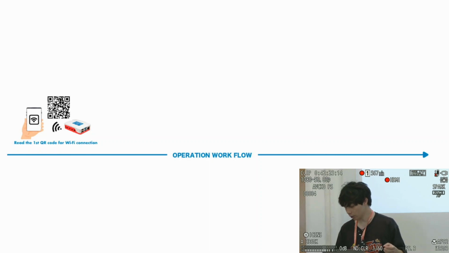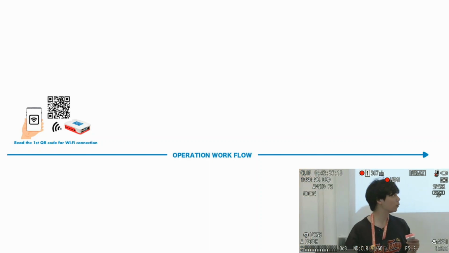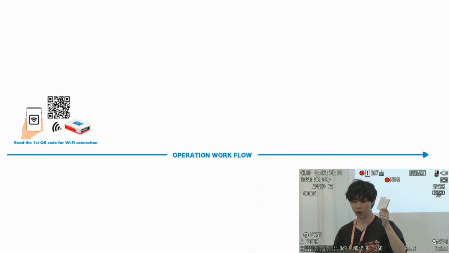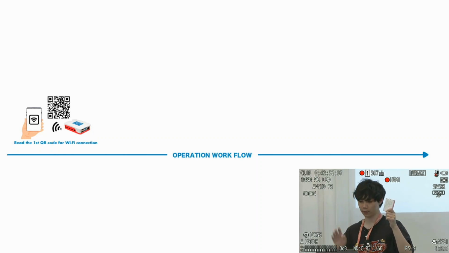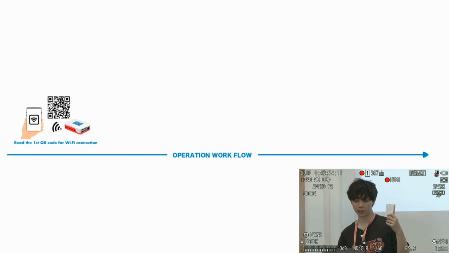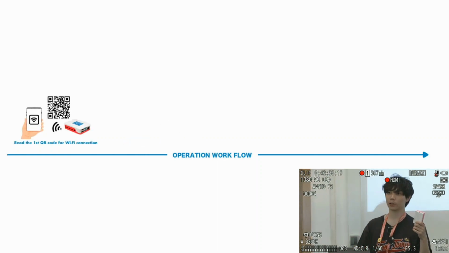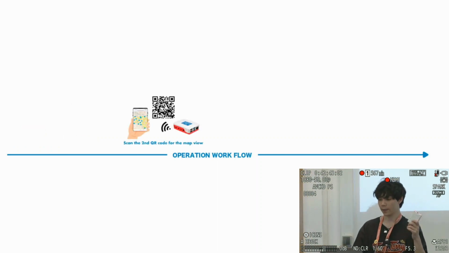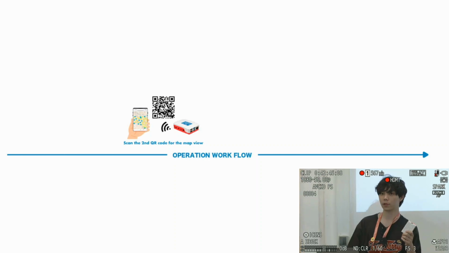If you use this Raspberry Pi UNVT Portable, there are 4 steps. Firstly, scan the QR code. Then we can connect the Raspberry Pi to your digital devices. Next, you scan the QR code.